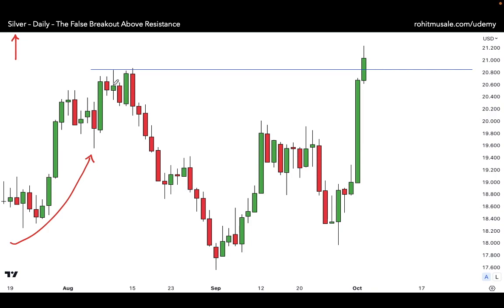That's why this small candle is a very important candle. I call it the culprit candle. This is a concept which I will discuss in some other video, but that's the culprit candle where everything stopped. So that's why I have drawn a blue line at the high of that candle.